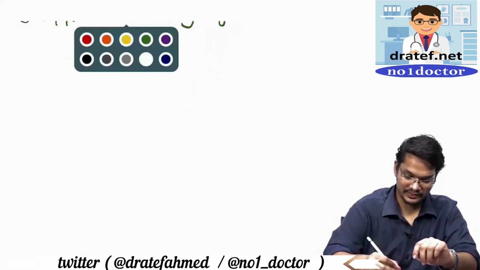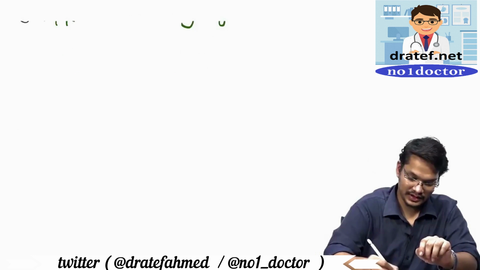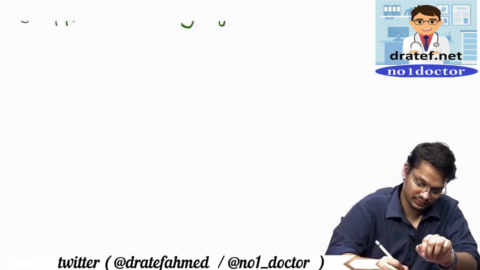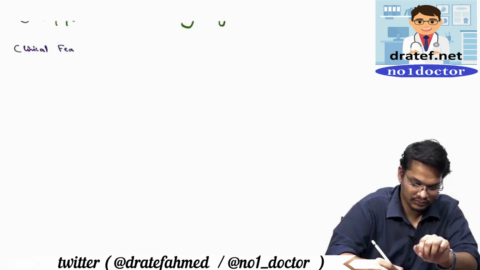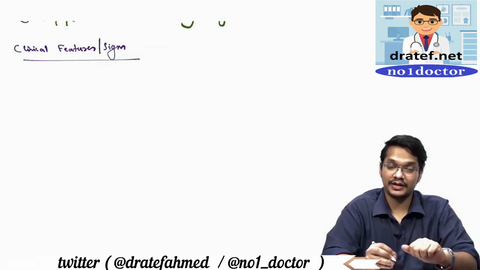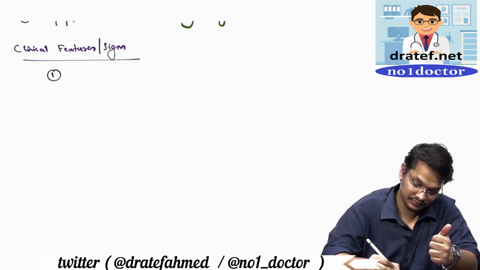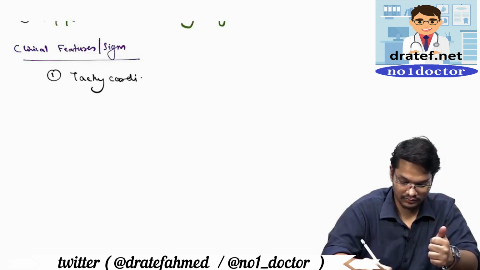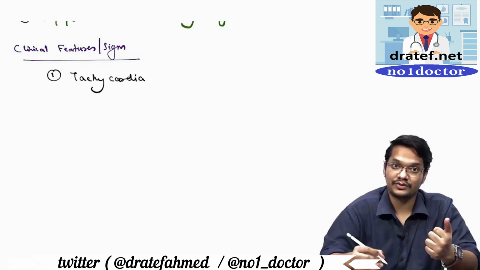Now let's begin with the clinical features or signs in a patient of shock. The first thing that you can see in a patient of shock is tachycardia, along with vasoconstriction.